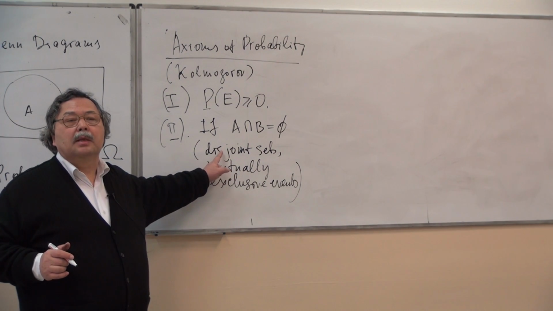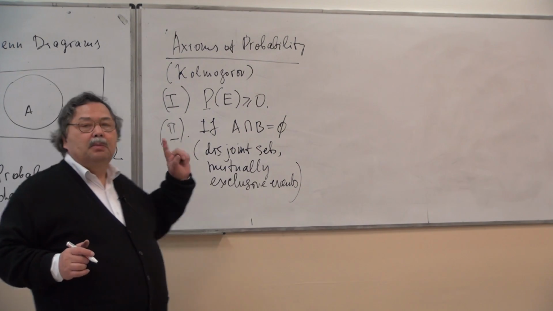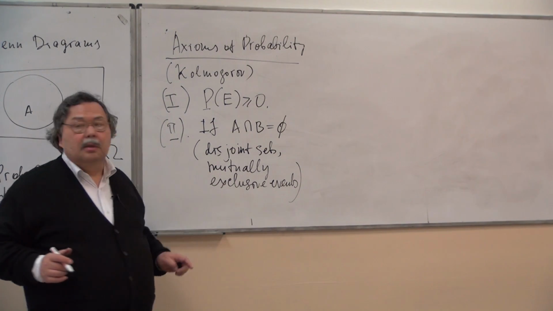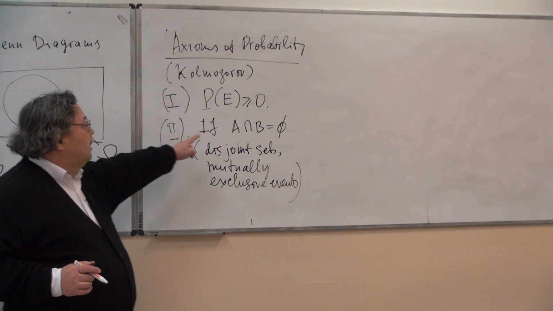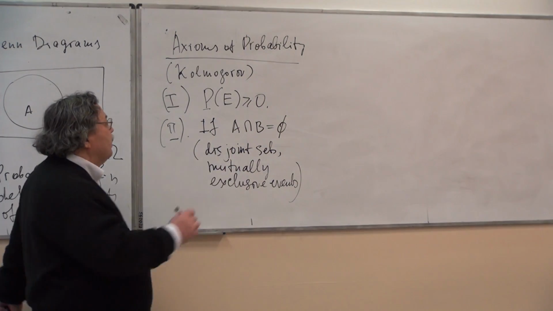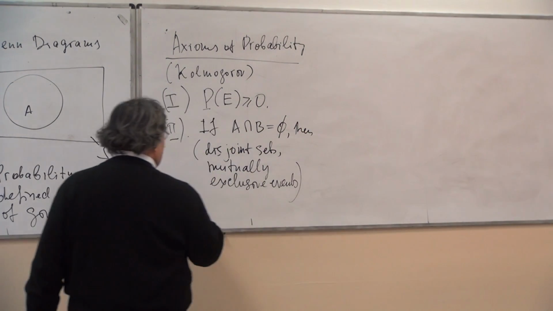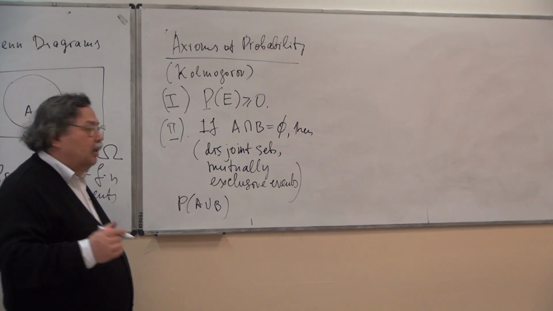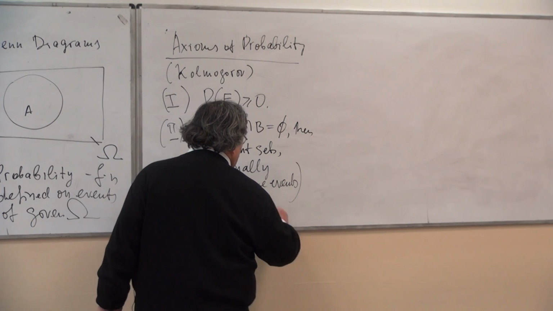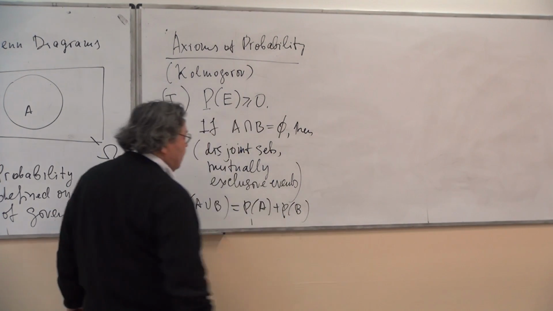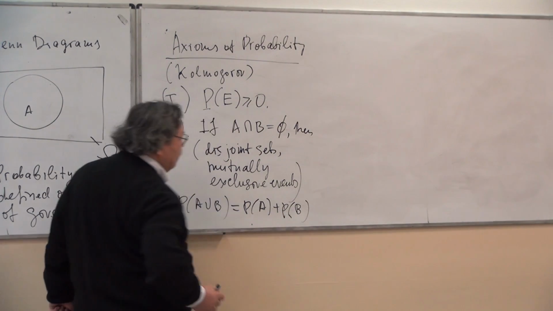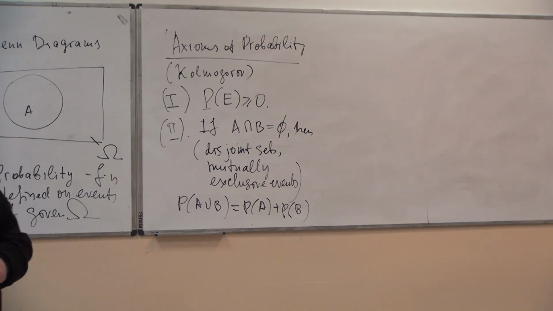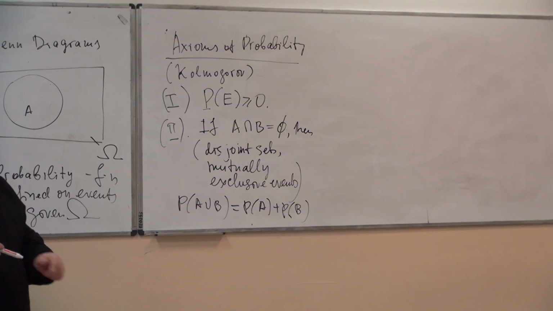We say that the 2 sets are disjoint. If we specifically talk about events, this other term is also used, mutually exclusive events. So, if 2 events A and B are disjoint or mutually exclusive, then P of the union A union B is just the sum P of A plus P of B. But please pay attention to this condition. If two sets are not disjoint, this formula is not true.